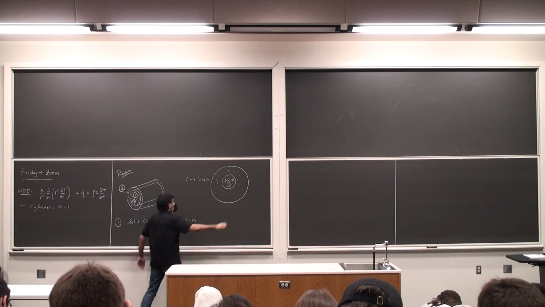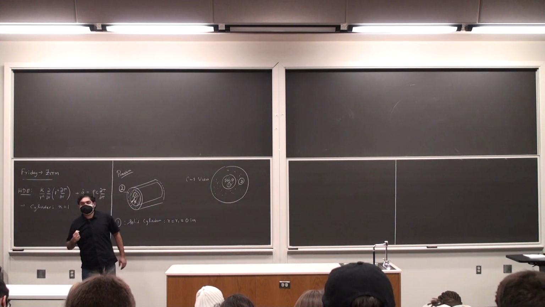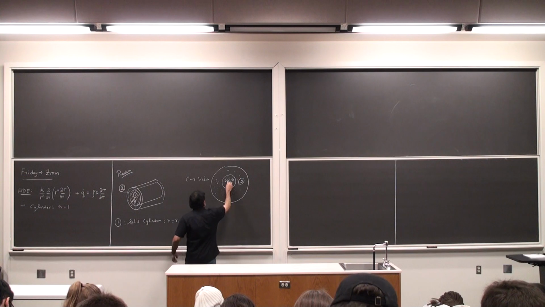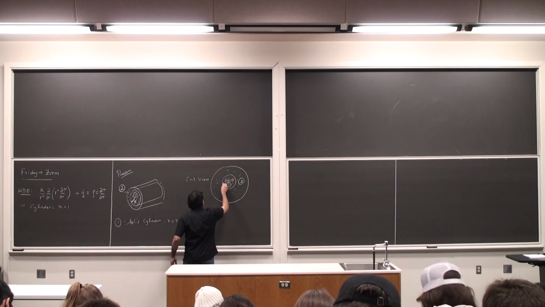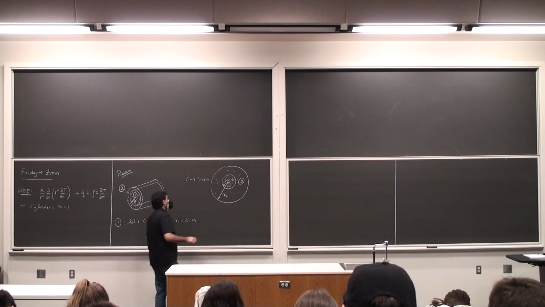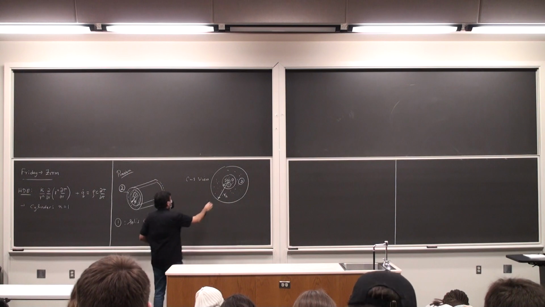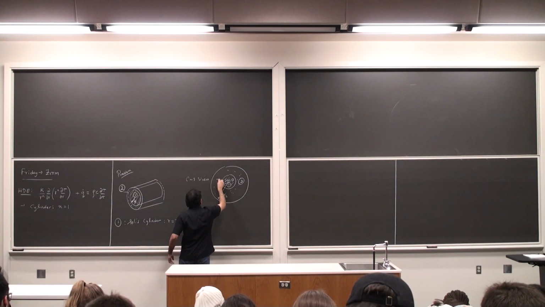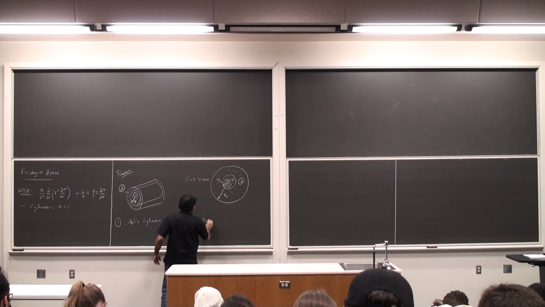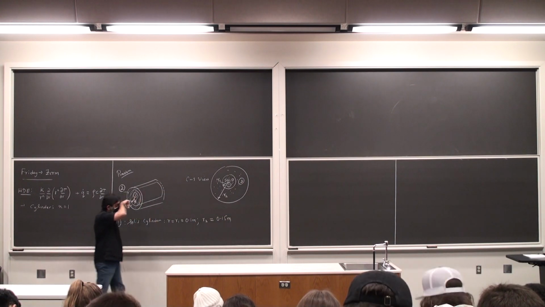So that's cylinder 2. Radius of the first one is r1, radius of the second one is r2. So starting from the center, r1, r2. R1 is already given to us as 0.1, and R2 is 0.15.